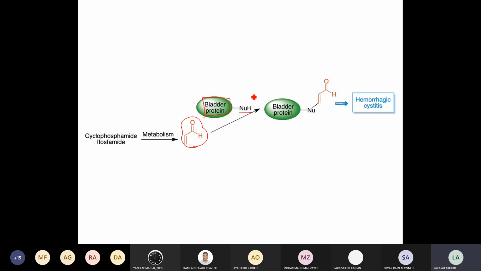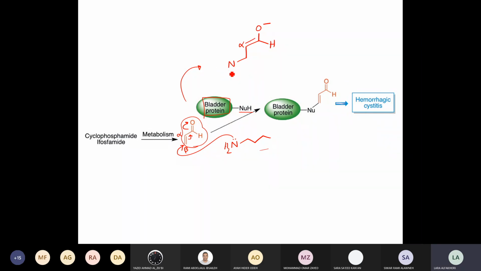Okay. Now what happens, simply, is that if I have nucleophilic residues such as lysine, for example, an amino acid where I have this butylamine group, the nitrogen is considered nucleophilic and can attack this electrophilic site. Okay, and this product forms where now I have a covalent bond between the nitrogen and, let's say, the beta carbon. Okay, and here I have the alpha carbon, the aldehyde, and the oxygen.